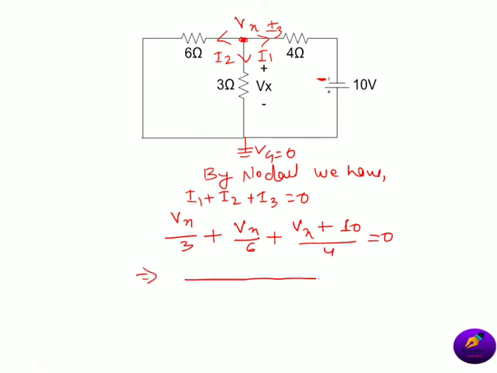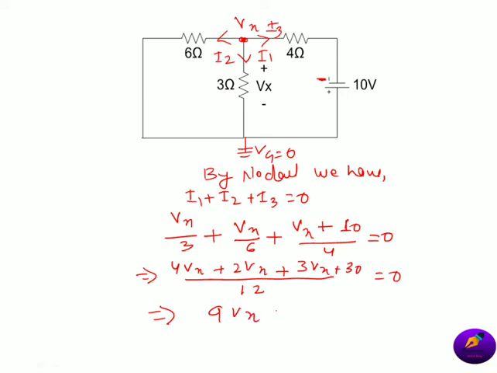Now taking the LCM, we have 12 in the denominator and we have 4Vx plus 2Vx plus 3Vx plus 30 equals 0. Taking the denominator to the right hand side, it will become 0, therefore we have 4Vx plus 2Vx is 6Vx, plus 3 is 9Vx.